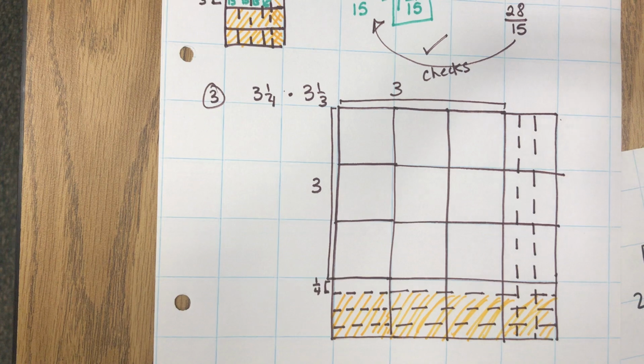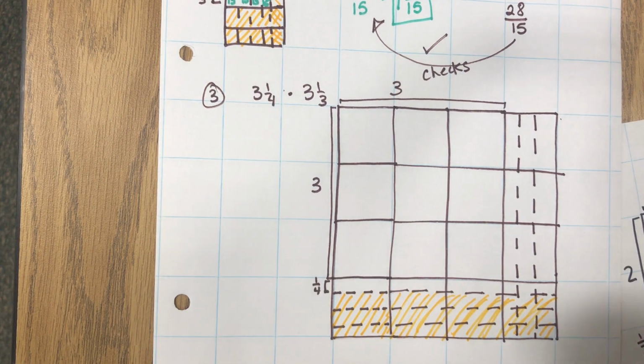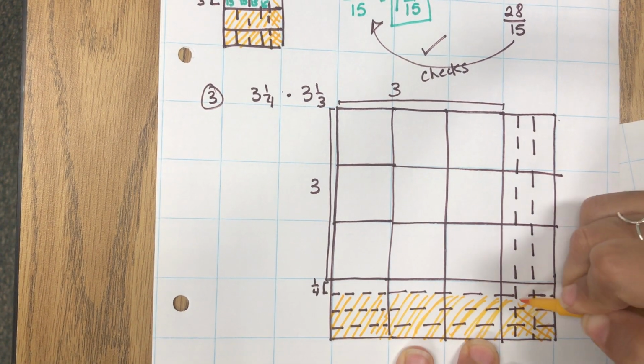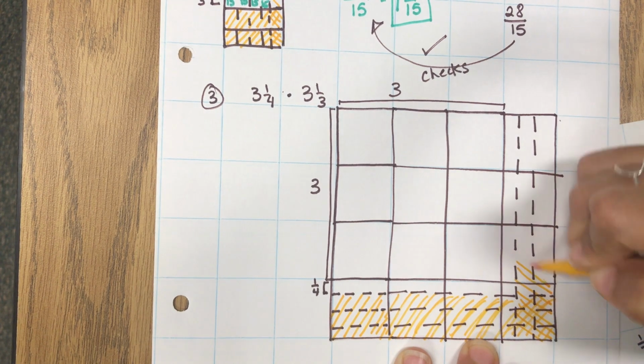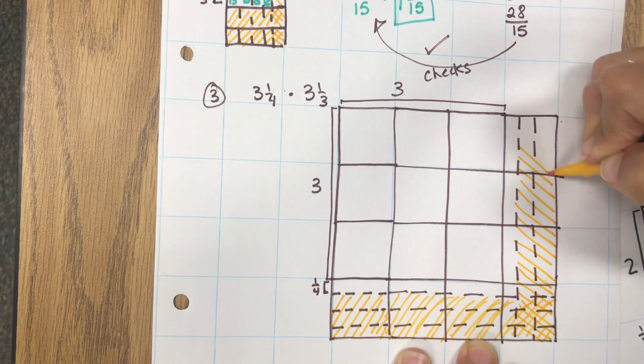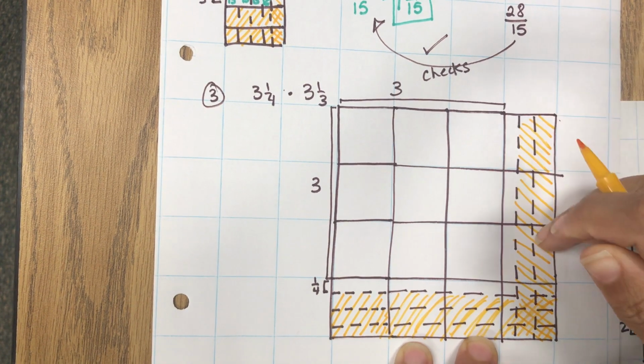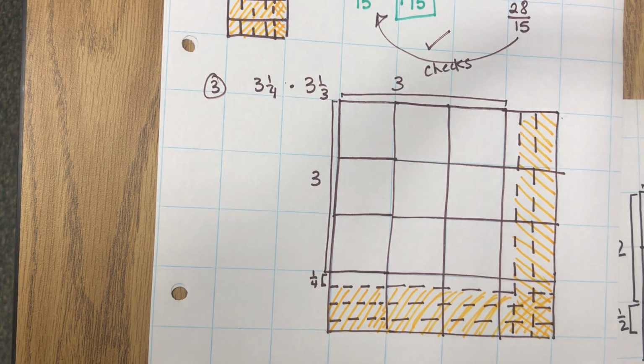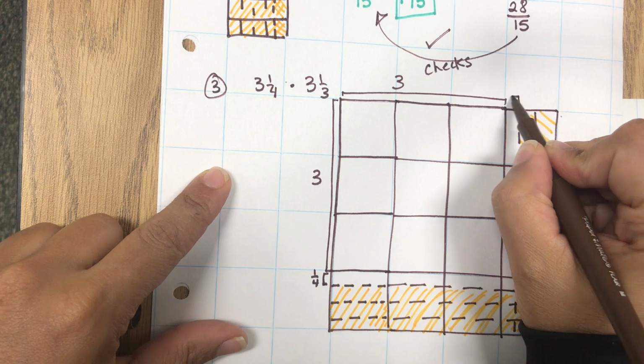Okay, I'm shading again what I do not have, so I do not have 2/3 of this last part that I'm using. Label that 1/3.